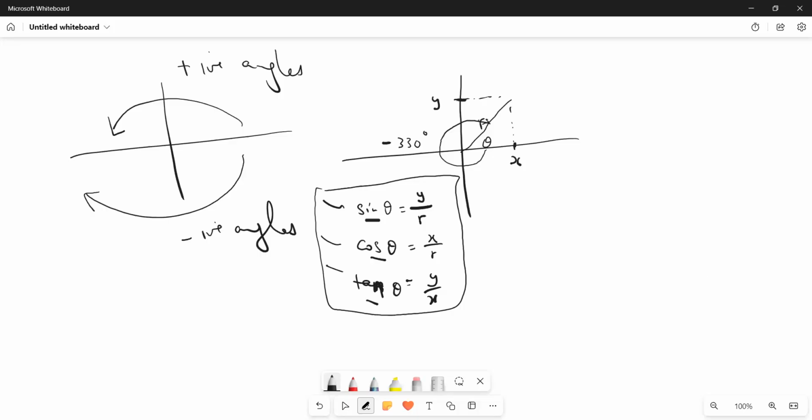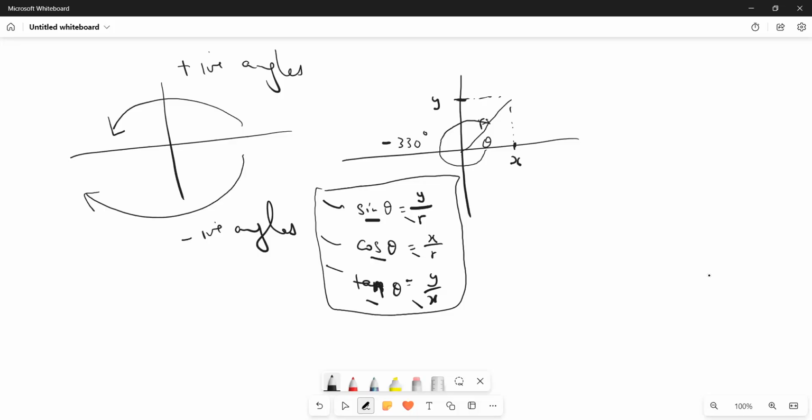The sine of such an angle will still be that, the cosine will still be that, and the tangent will still be that. The y coordinate is positive in the first quadrant, and the x coordinate is positive in the first quadrant, and therefore the sine, cosine, and tangent of such an angle will always be positive.